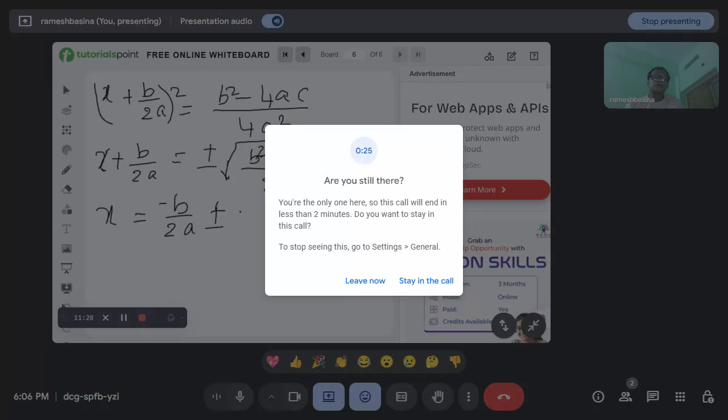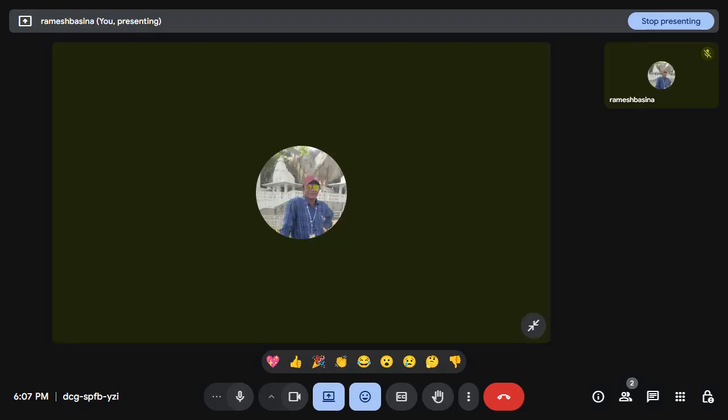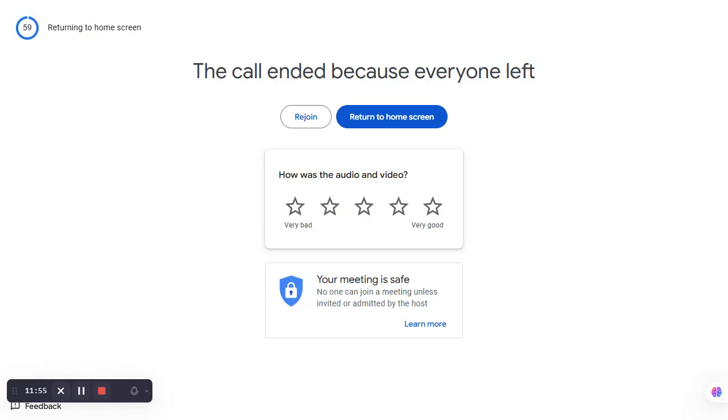Here the root, the numerator will not get a root, that's why you write b square minus 4ac, and the denominator already has its root found. The root of 4a square is 2a. Now b square minus 4ac by 4a square. Next, you have to find the denominator root, meaning the root of 4a square is 2a.